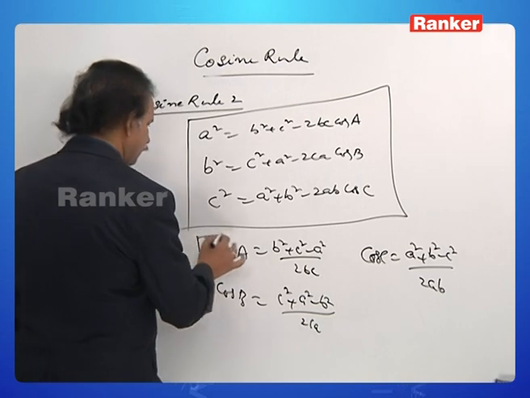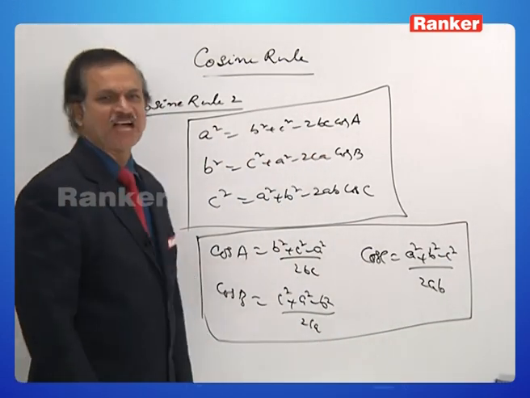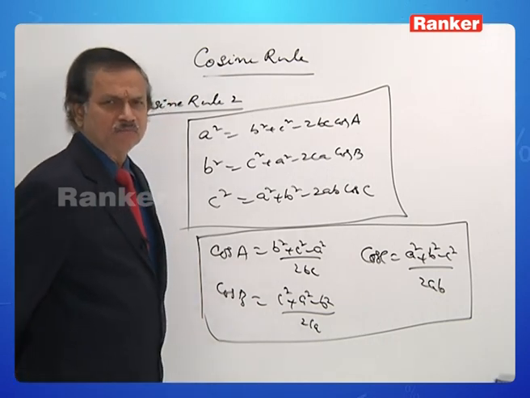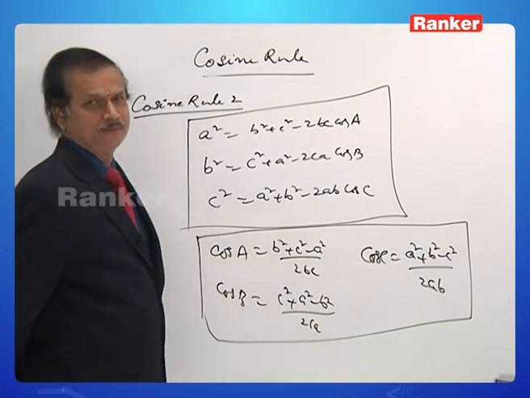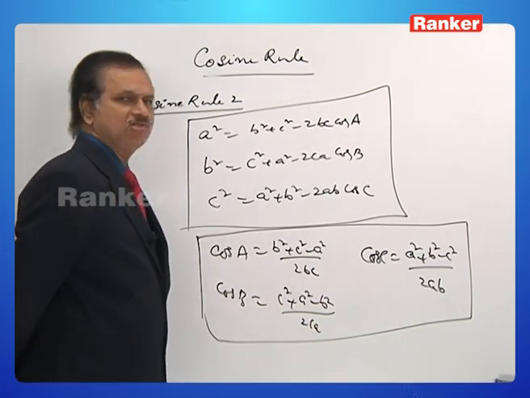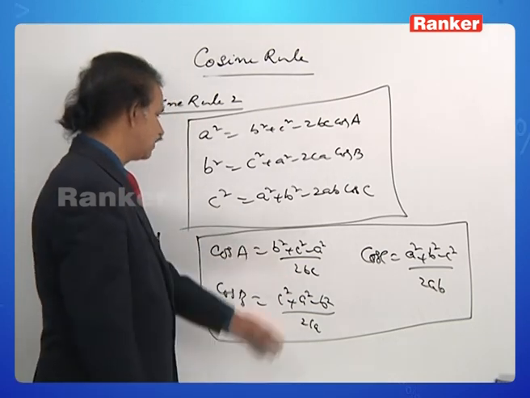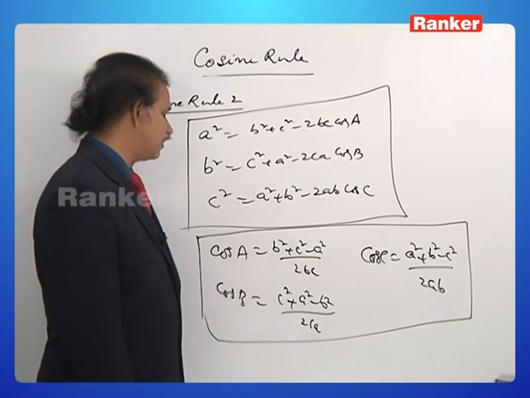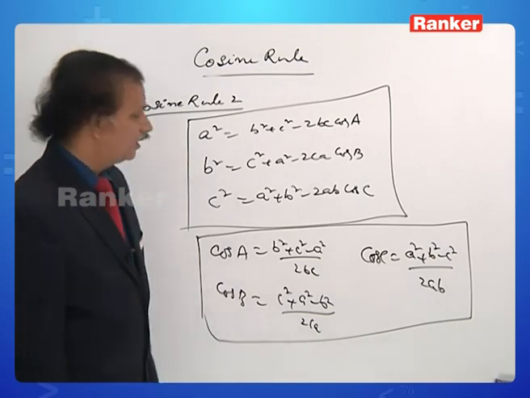These are also important deductions from this cosine rule. As and when you need to use cos A, cos B, cos C in a problem given, you can use these formulas.